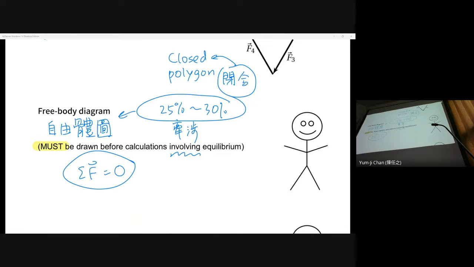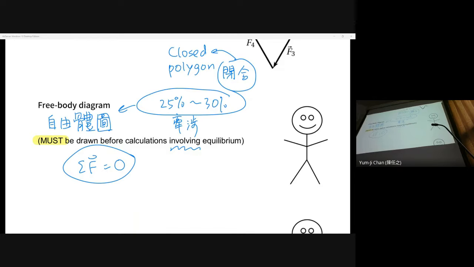So if I put 10 marks in a question, then this one will have at least 2.5 to 3 points here, okay? So you may think you know how to do the calculations, but if you do not have a free body diagram, you can get 7 or 7.5 at most. Is that okay?